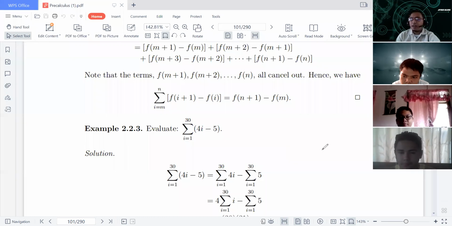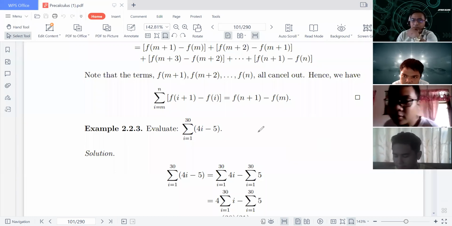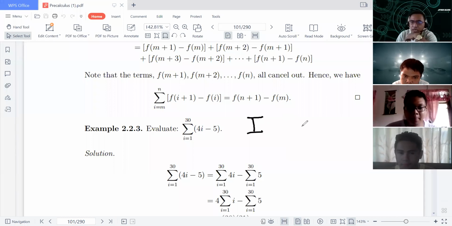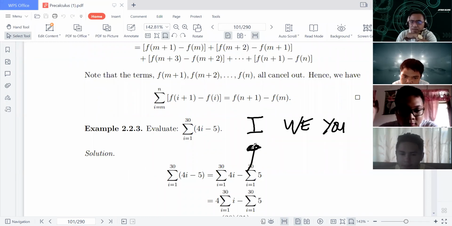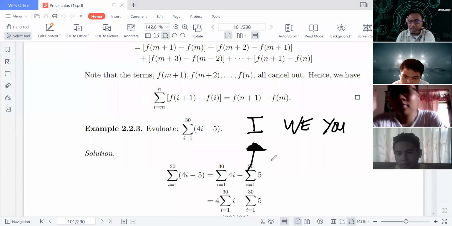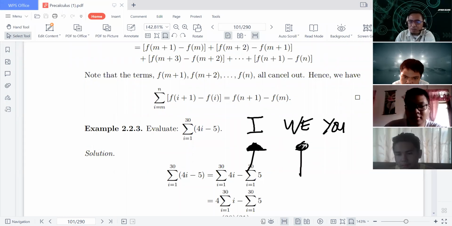Remember, did I mention to you that we will follow I, we, then you? It means first, I will do everything: I will explain everything. Next, we, all of us together will help each other answer the problems.